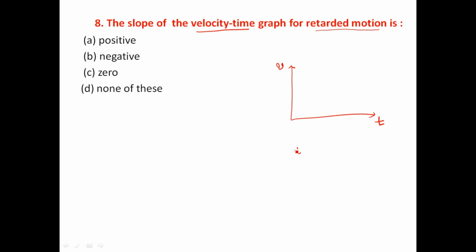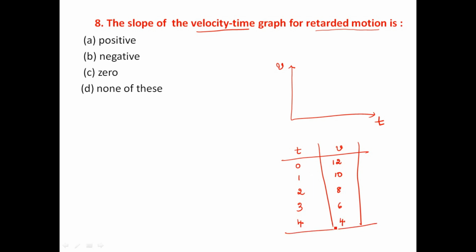So if I take the values for a VT graph, I'll write the values for time as well as for velocity. So notice that the velocity of a body is decreasing, right? As you can see here, the values show it. So what should be the nature of the graph? The graph should be pointing vertically downwards.